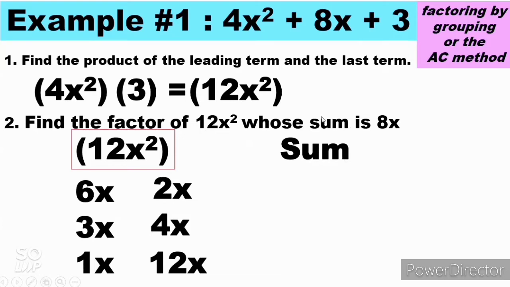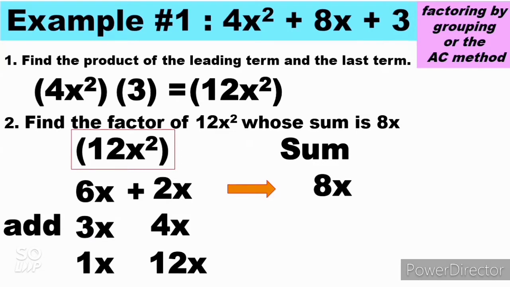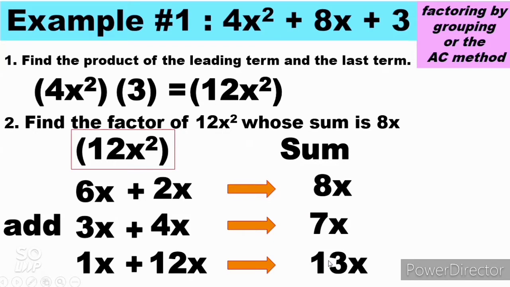The next step is kukunin natin yung sum. Dapat ang makuha nating sum is 8x, which is yun yung middle term ng trinomial. Now, we add 6x plus 2x equals 8x. Okay, yan na yung sum natin, which is nasa trinomial. Try natin yung mga susunod na factors. 3x plus 4x equals 7x. 1x plus 12x equals 13x.